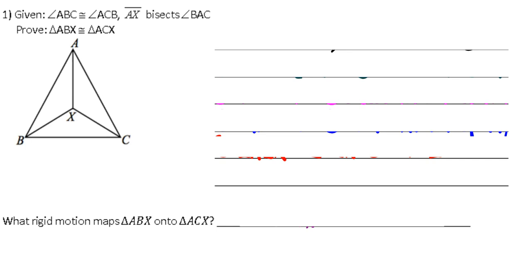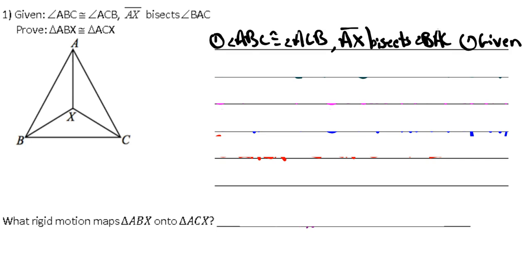Given angle ABC is congruent to angle ACB, and AX bisects angle BAC. So first thing we do, write in our givens.